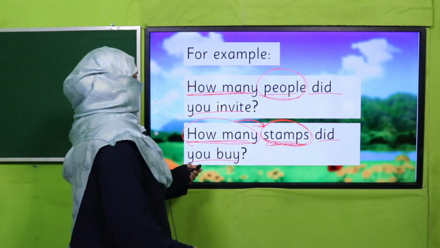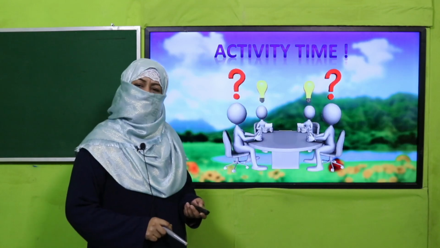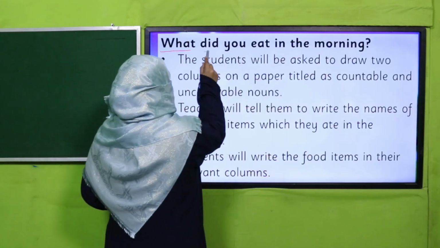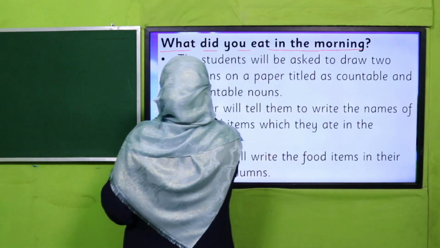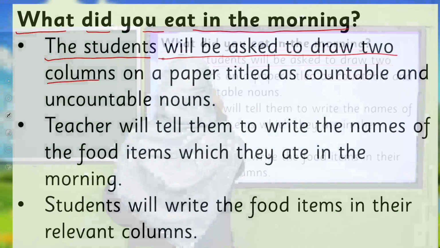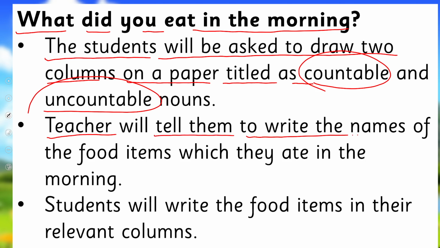Good job. So, it's your turn. Right? And your turn means it's activity time. What you are supposed to do? What did you eat in the morning? Students, all of you will be asked to draw 2 columns on a paper titled countable and uncountable nouns, and the teacher will tell them to write the names of the food items which they ate in the morning.